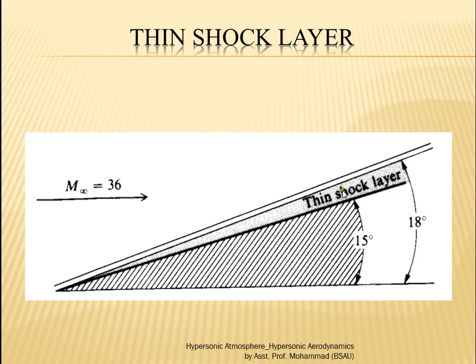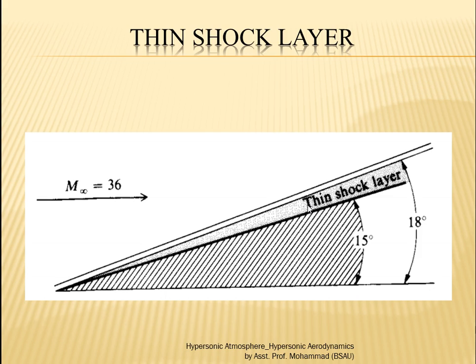Sometimes this thin shock layer doesn't only contain the atmospheric air which is available. Sometimes it contains a chemically reacting medium. In that case, the temperature goes very high, because this chemically reacting medium is normally also combustion, as they react with an exothermic nature.